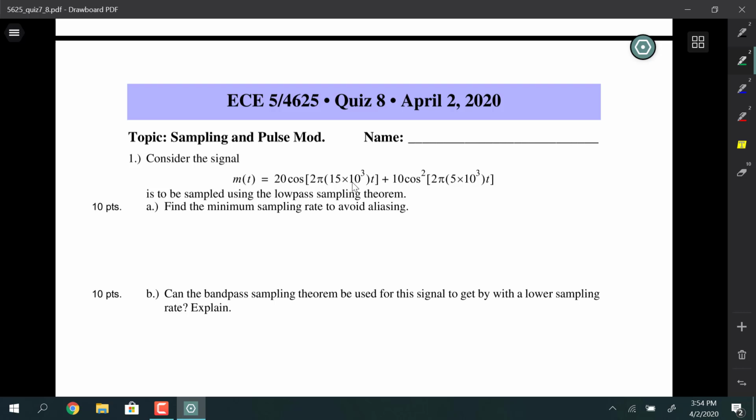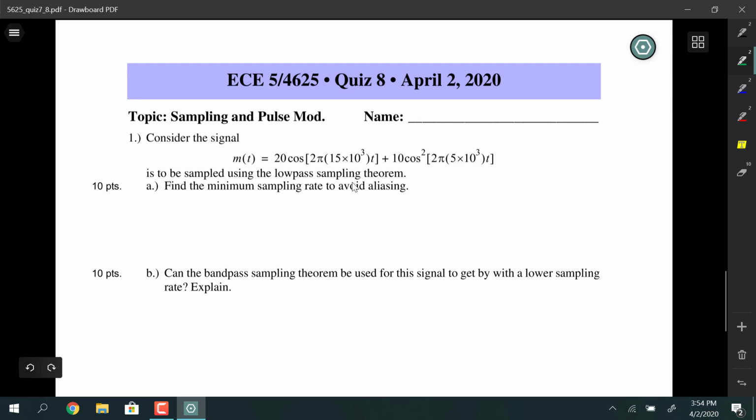So, okay, the second quiz is on sampling, and I may not do much on FM today, but I wanted to backfill on this. So, this first question is just on sampling. So this is just using the sampling theorem. If you use the low-pass sampling theorem, what do you have to look at?